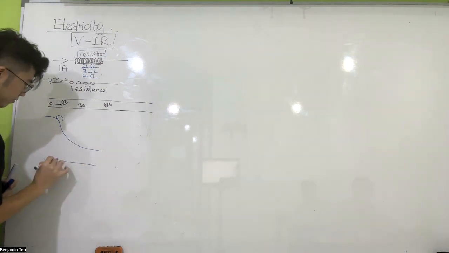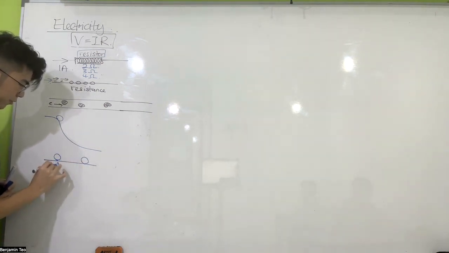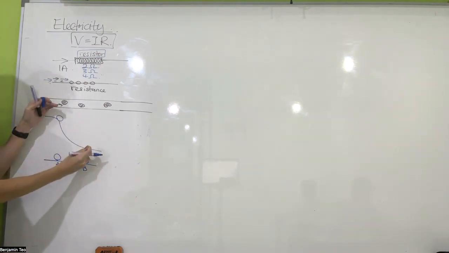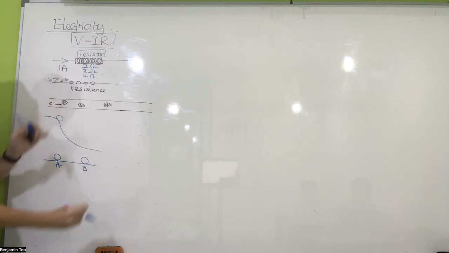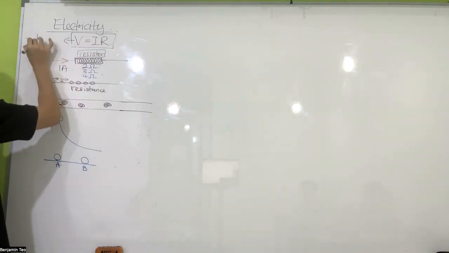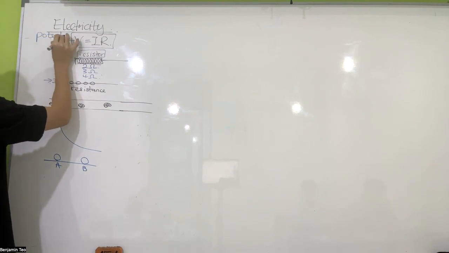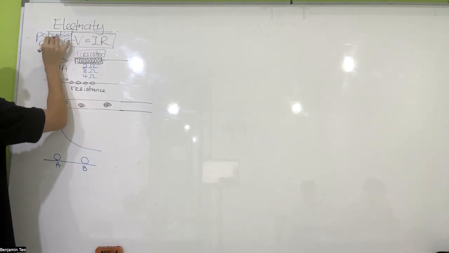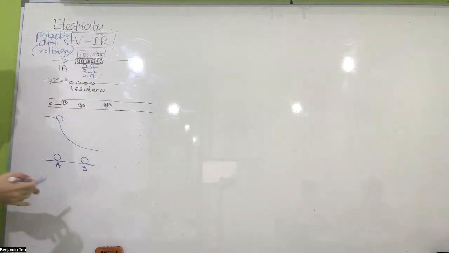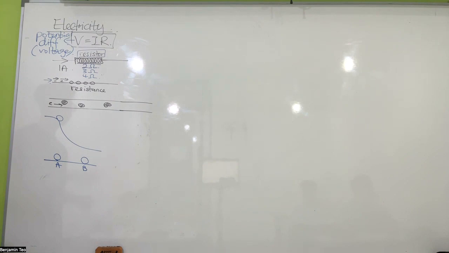If you have level ground, the ball doesn't move from one point to another. So that is the voltage, the ground difference. The higher the voltage, the higher the ground difference. Voltage has another name. It's called potential difference.